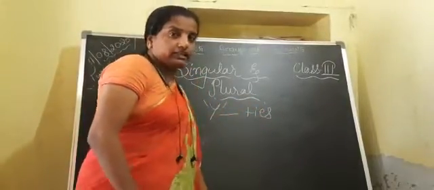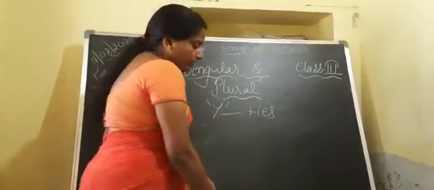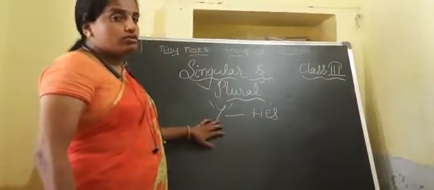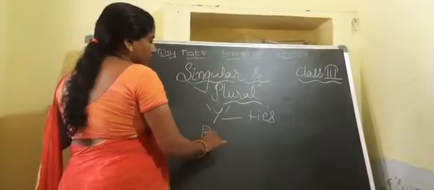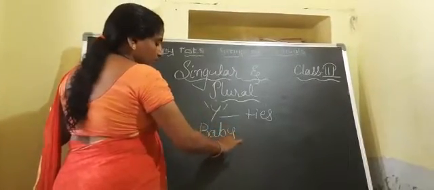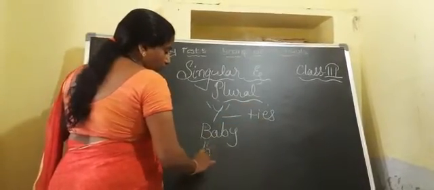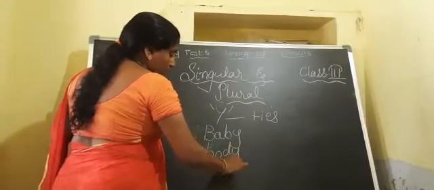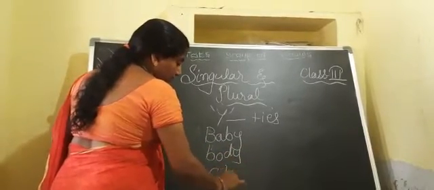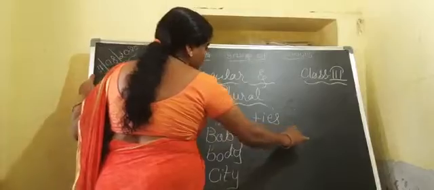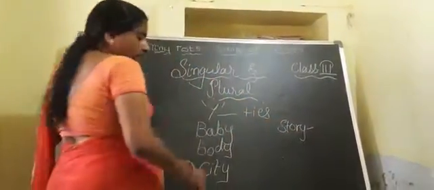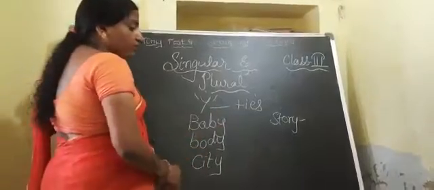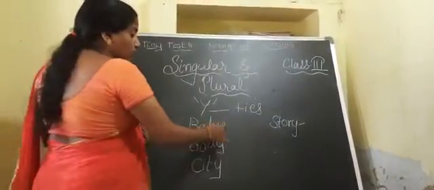Okay, children. There is another rule to write plural forms by adding ies. Suppose baby, body, city, story. Now if you see the words given to you, children, what are you observing?